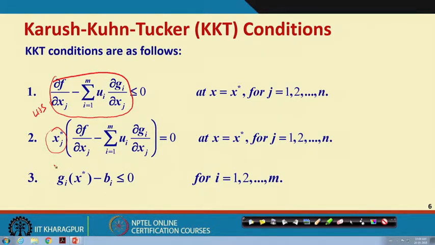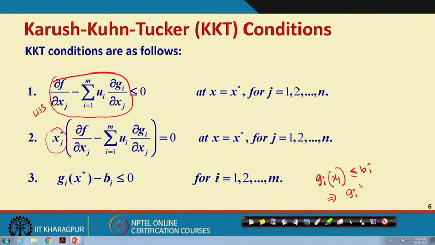The third condition is again very straightforward, because we see that g i x is less than or equal to b i, that is our specific constraint. So, it is the same constraint written in another form. Really the third condition is nothing new, because the original constraint we have is g i, say x 1, less than or equal to b i.